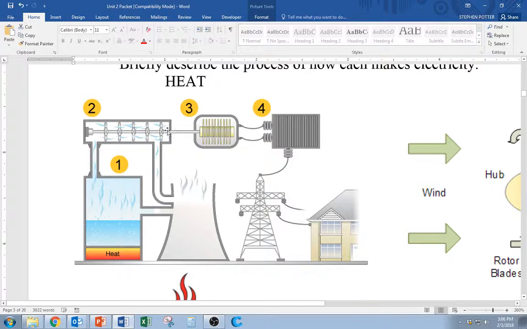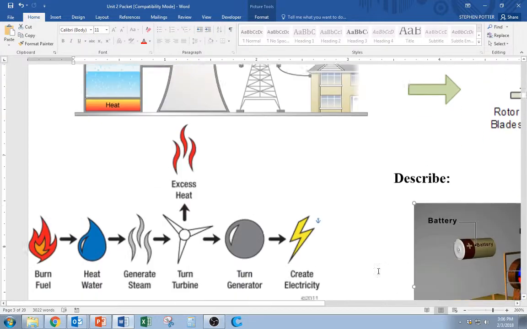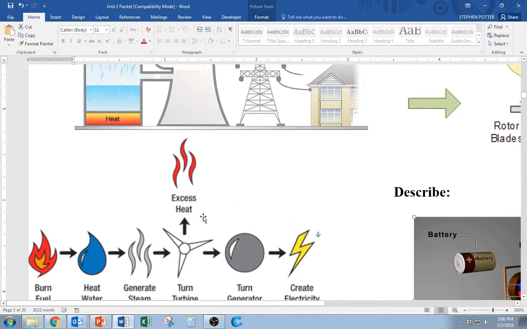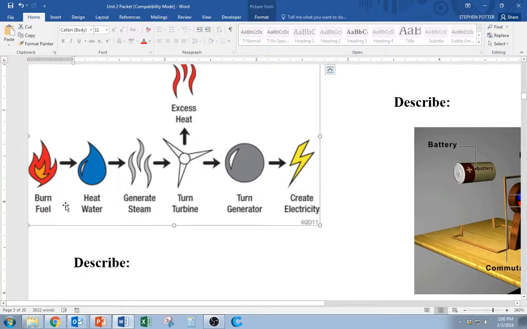The turbine is connected to a generator, which is a large-scale version of what we were just looking at. This diagram shows the overall way it works. We've got a heat source, boil water, make steam, turn a turbine, turn a generator, and then that makes electricity.